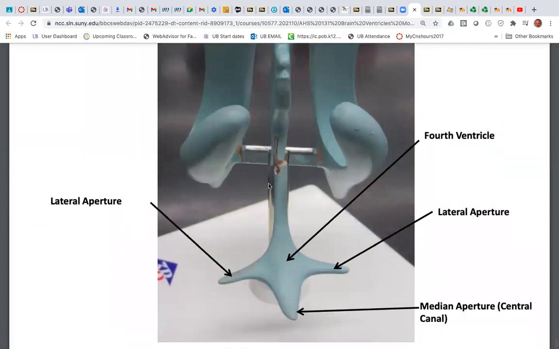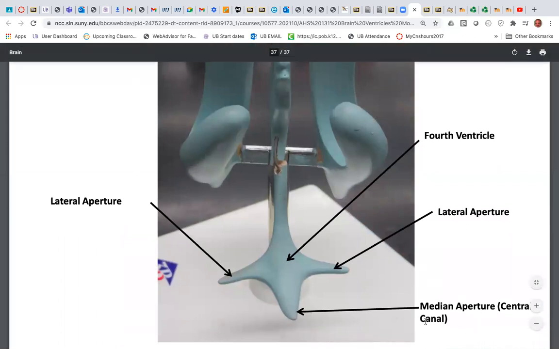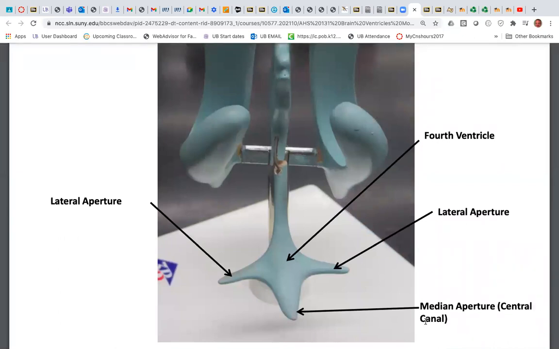And then after it's in the fourth ventricle, it can exit through the lateral aperture on both sides here, or the median aperture. And the median aperture is going to drain into the central canal. So now you have to think of the cross section of the spinal cord.